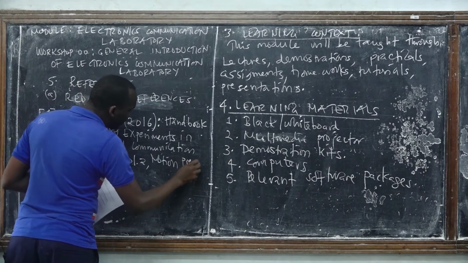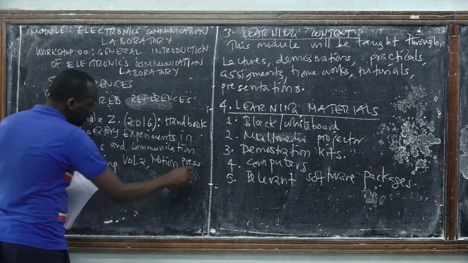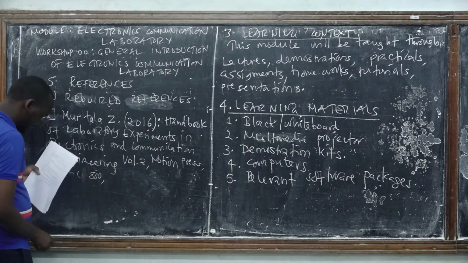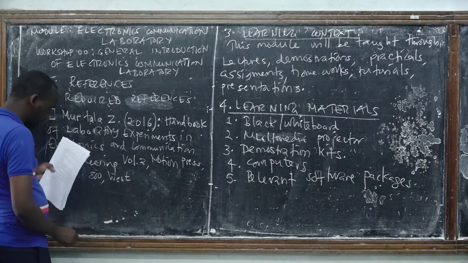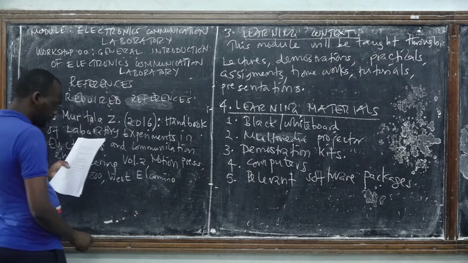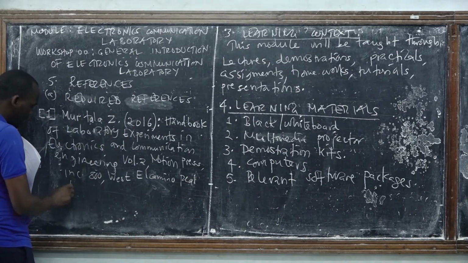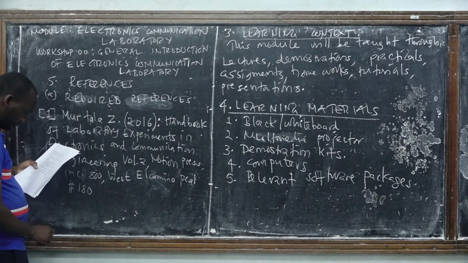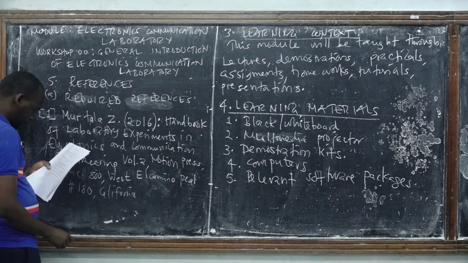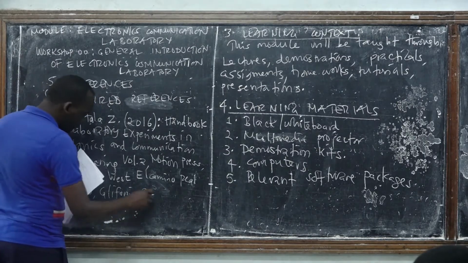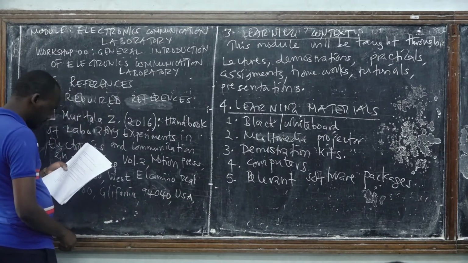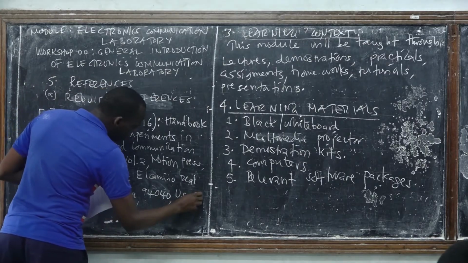Then the publisher is called Notion Press, comma, Inc., number 800, comma, location of publisher, West El Camino Real, number 180, comma, California, comma, 94040, comma, USA, comma, 2016.